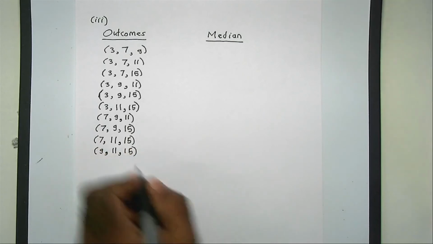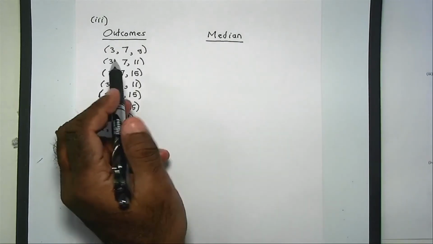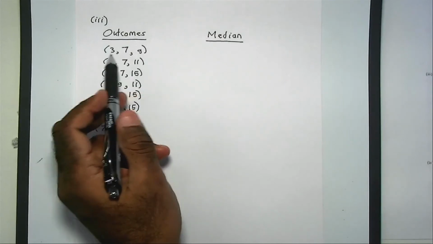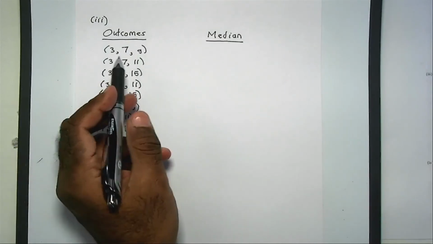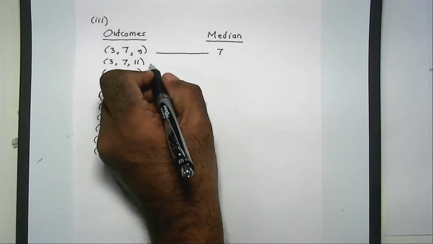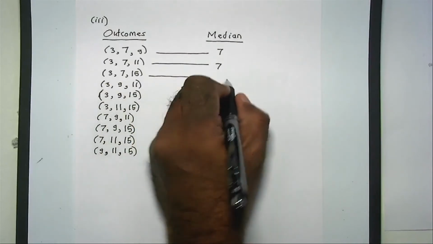All right, so these are the possible outcomes. Now let's compute the corresponding median. Now, the median is the middle number when these are ordered from the smallest to the largest. So the median is easy to pick. The median is 7 here. The median here is also 7. The median here is also 7.